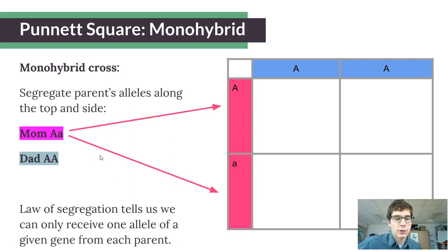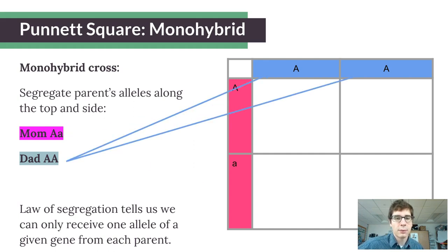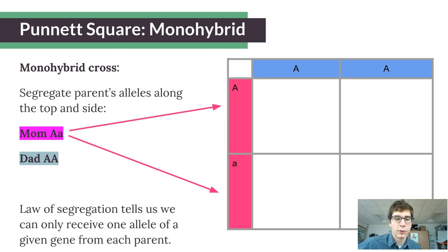Dad's allele combination would be called homozygous dominant. He has capital A, and his allele combination will be segregated across these top two columns. And again, the law of segregation tells us that we can only receive one allele from each of our parents. So mom cannot give us both of her alleles. She can only give us one or the other.